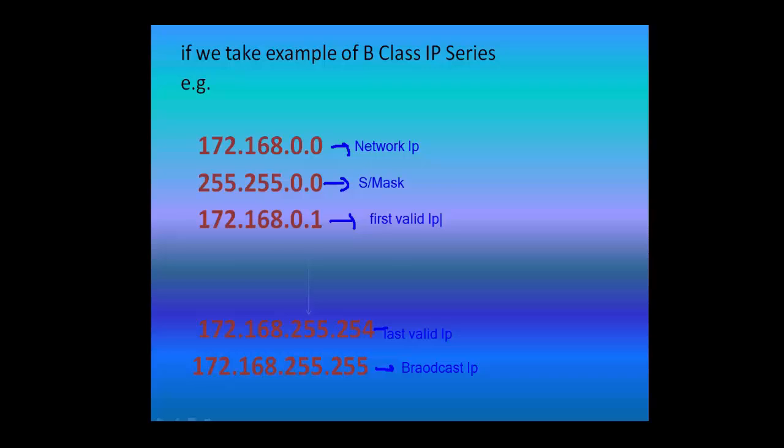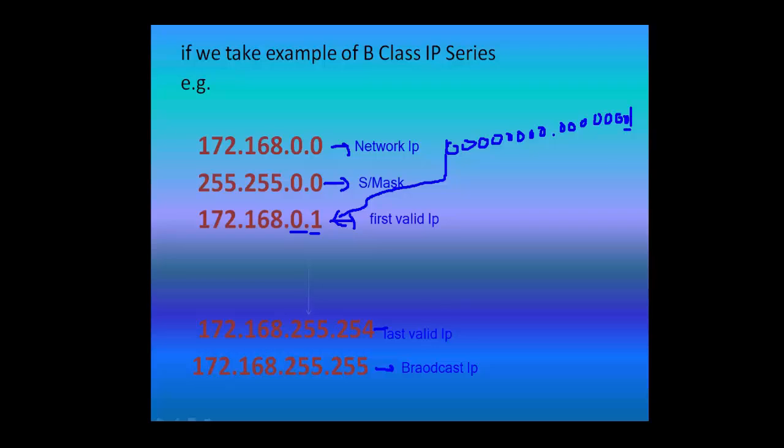Always keep in mind, if a single bit is off, here 8 bits off and 7 bits off, that's why 0.1. Always calculate on the base of this 0.0, then 1, 2, 3, 4, 5, 6, 7 and 8. It is the binary conversion of this IP. Means a single bit is on, it's a valid IP.